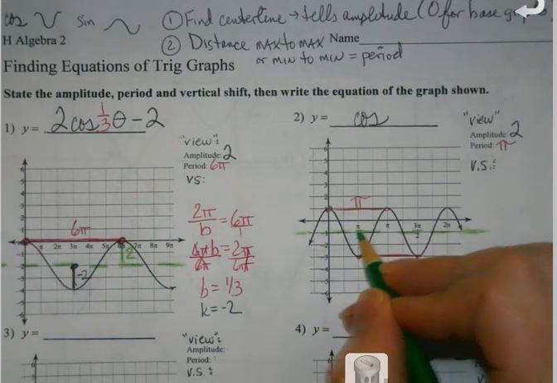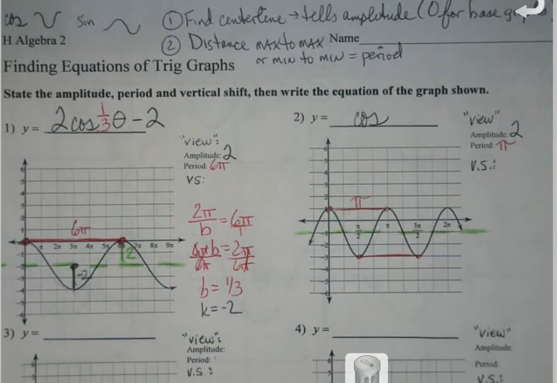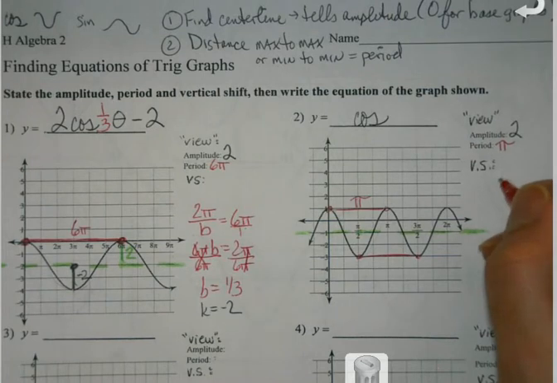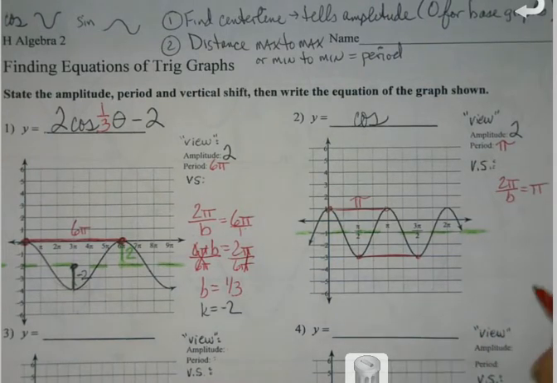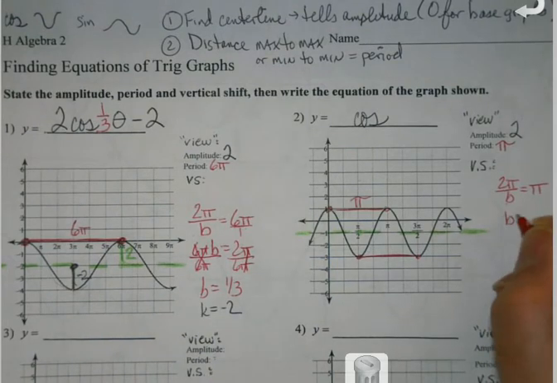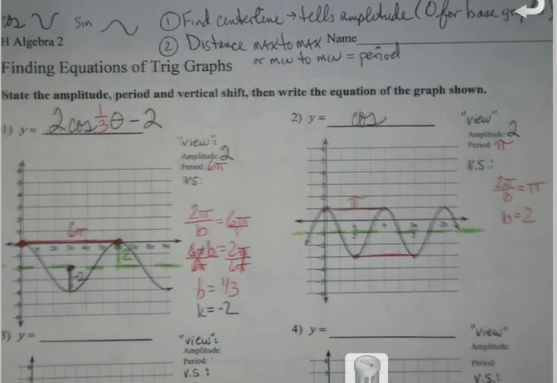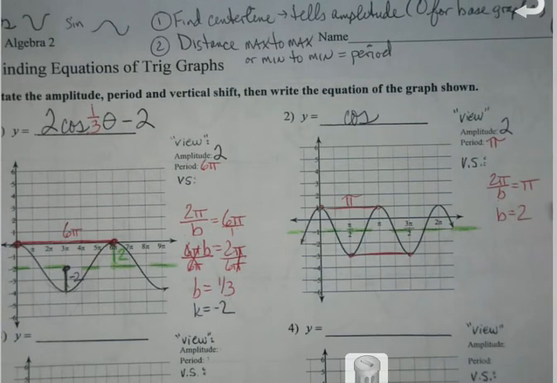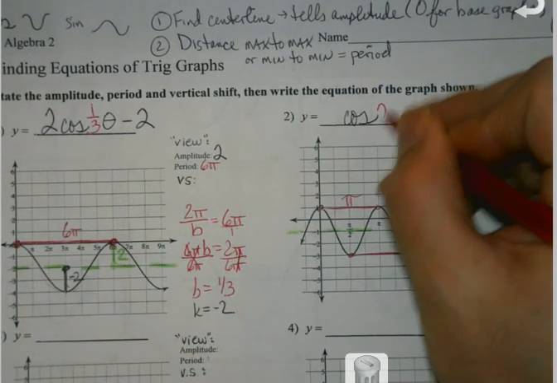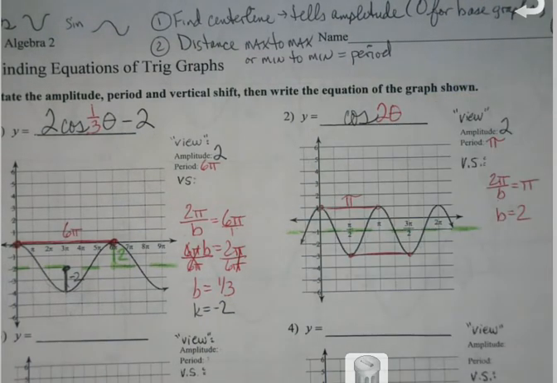Oh, I still got to finish my period. I'm trying to get way ahead here. You're like, well, wait a minute. I already know what 2 pi divided by what is pi. B is just 2. Okay. I was going to say, you don't have to go through the entire algebraic way of doing it. If you can just say, well, I know that 2 divided by 2 is 1, they'd cancel and leave me with that. So, get my 2 theta in there.